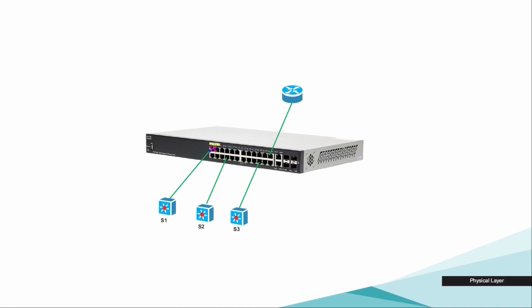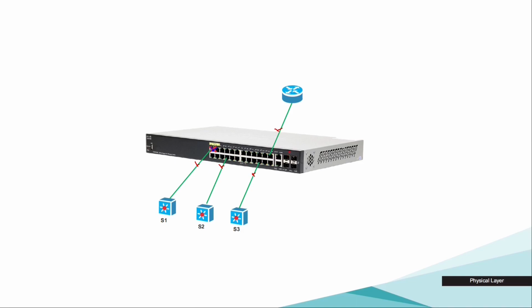It's damaged or something happened to the port. In that case, we have to replace our switch. To replace it, we have to disconnect the power, disconnect our router, and disconnect our switches, take our switch and bring a new switch, and configure it, right?